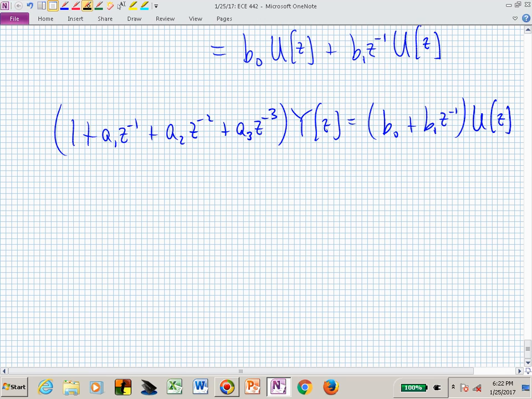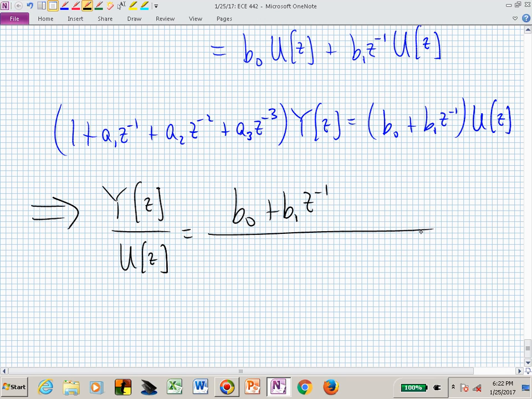If we want a transfer function, Y is our output, U is our input, we can now write capital Y of z over U of z is equal to b sub 0 plus b1 z to the minus 1 all over 1 plus a1 z to the minus 1 plus a sub 2 z to the minus 2 plus a sub 3 z to the minus 3.